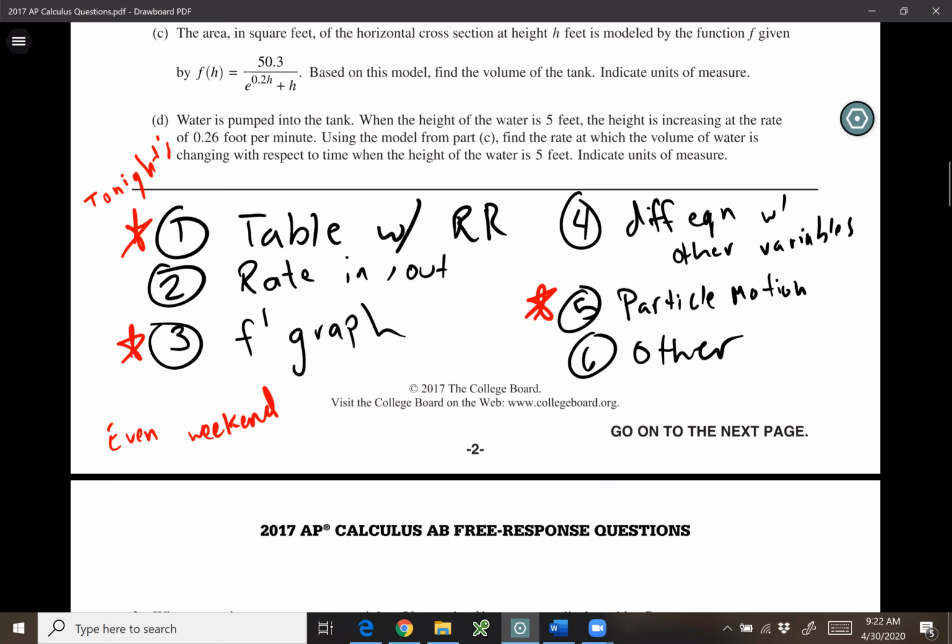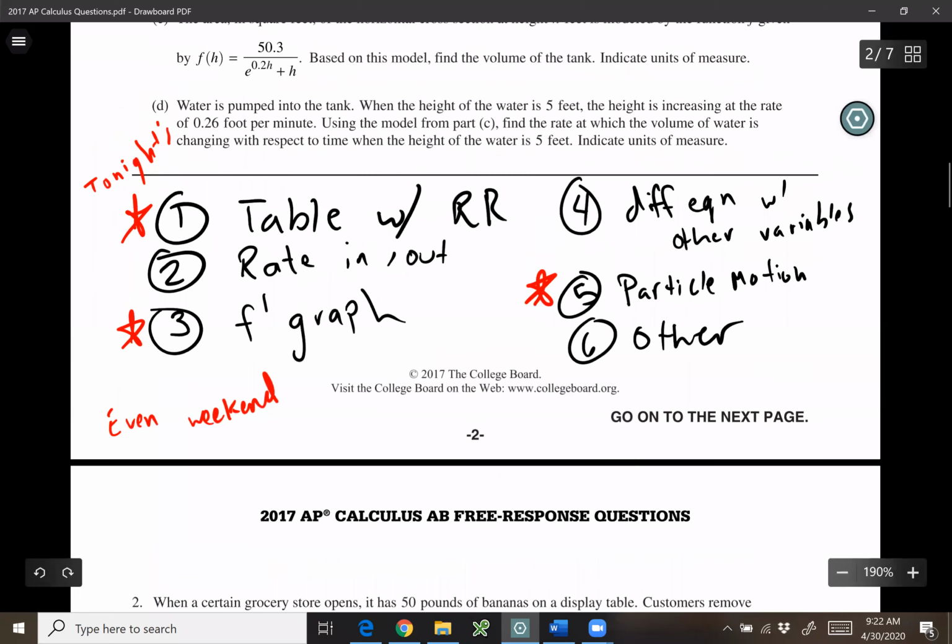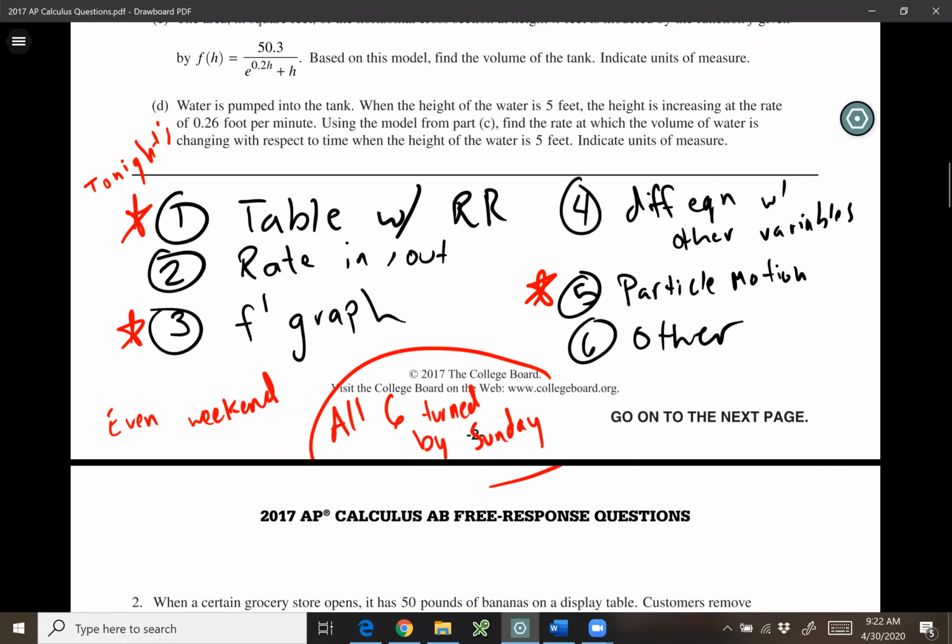On Monday, I'll go over any questions we had on this, but what I really want is to make sure that all 6 of these are absolutely turned in by Sunday. But just so you don't have too much homework, 3 are technically tonight, 3 are technically over the weekend. Okay.